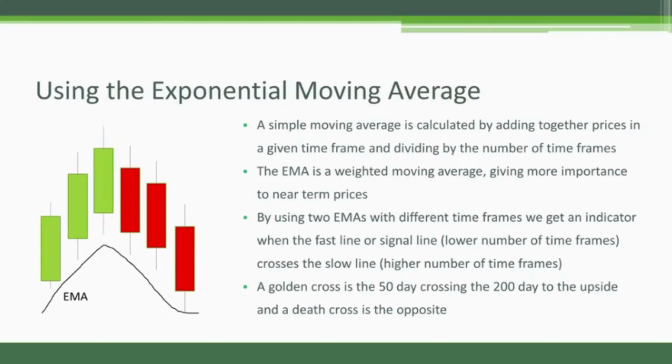It's when the 50-day EMA crosses down below the 200-day EMA. These are two types of crosses that are paid particular attention to with the S&P 500 or the Dow Jones Industrial Average, but they can also come into play in individual stocks. So let's look at the EMA on a stock chart.